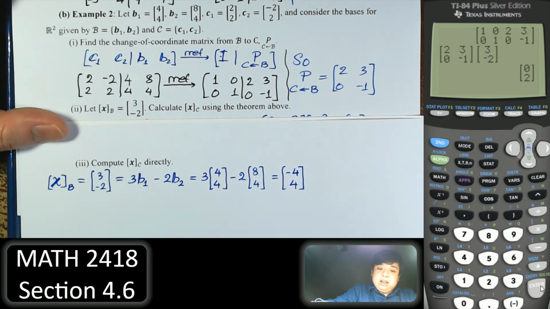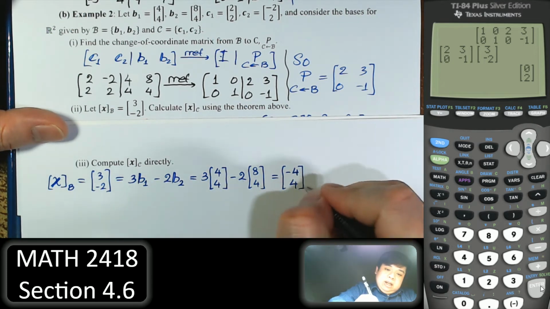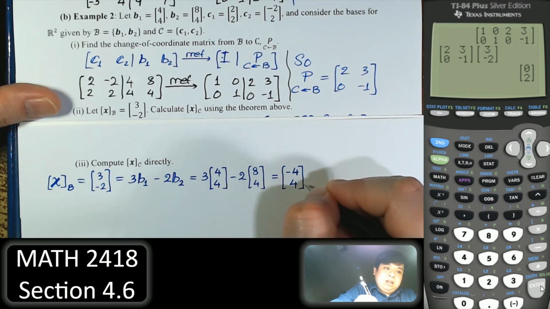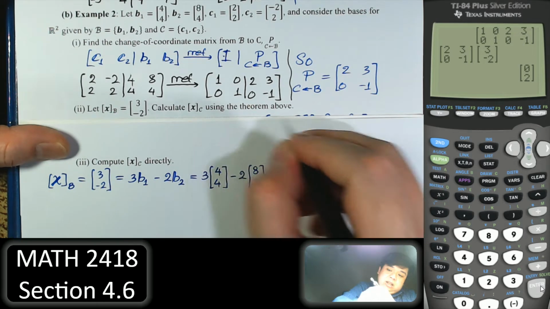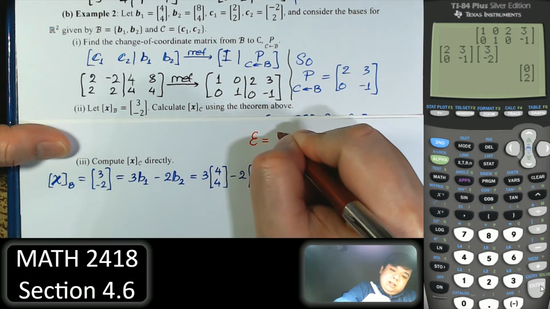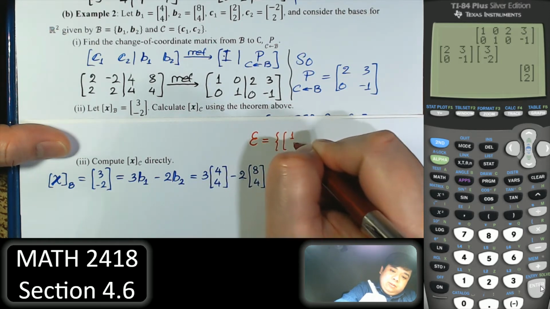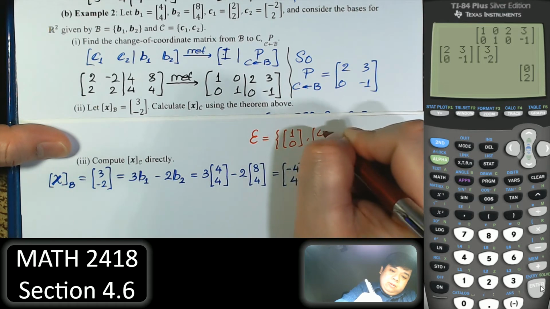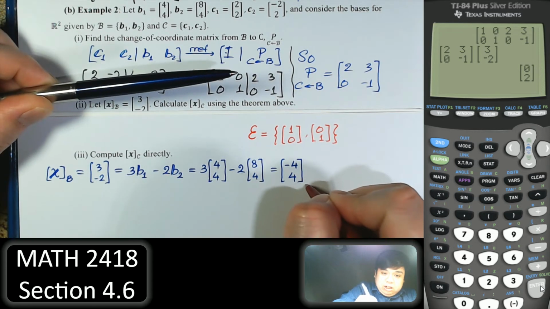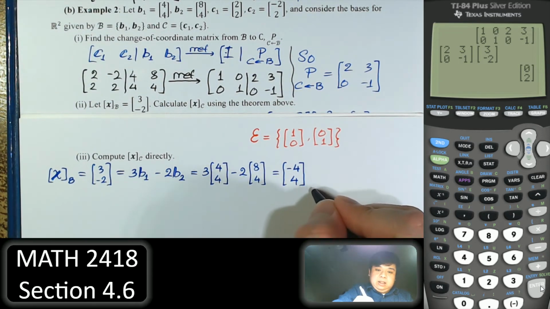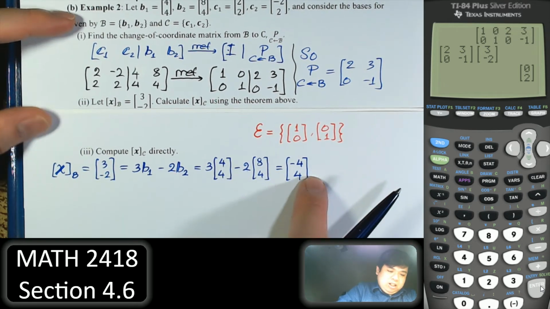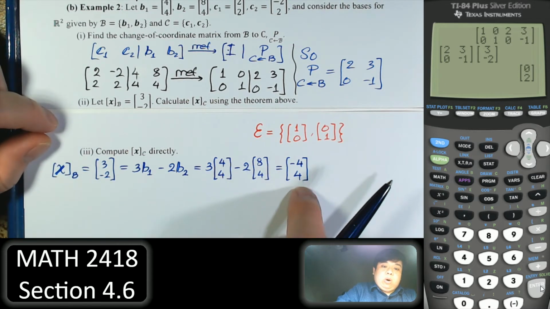In this case, that vector is in the regular basis. If we are confused, we might write epsilon there for the set of standard basis, but okay, we know that is just negative 4 and 4, the point in the standard basis.